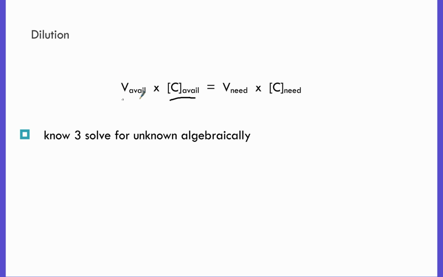So how much bleach should I put in a gallon of water to make the right concentration so it's safe to drink? I don't know what that answer is, but I could solve it using this equation. Generally speaking, just make sure that you understand, because this is a dilution, the volume and concentration are inversely proportional.